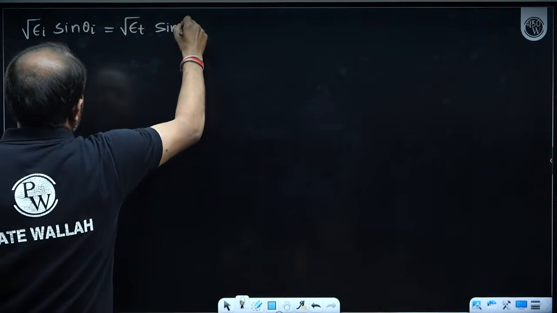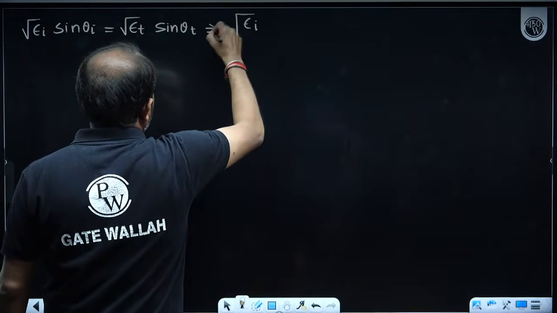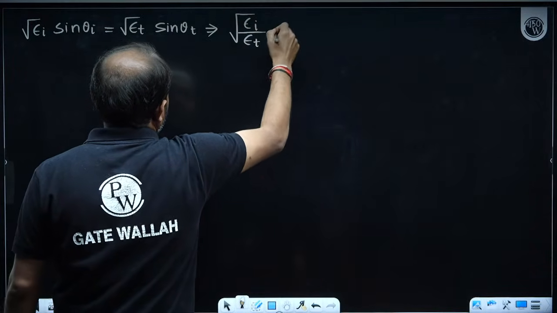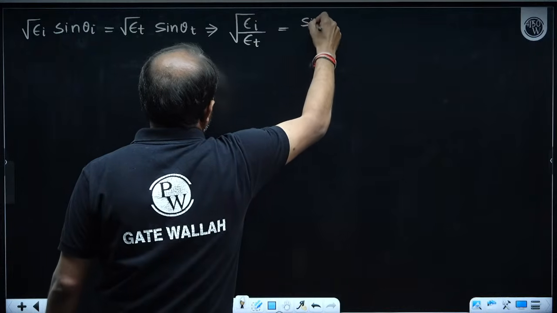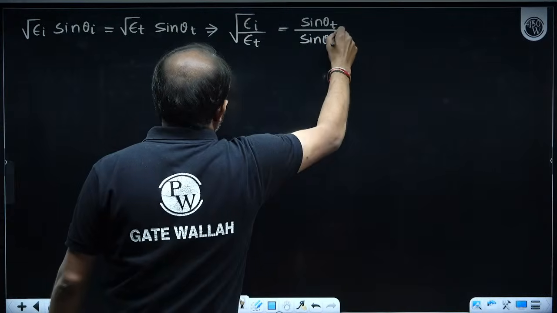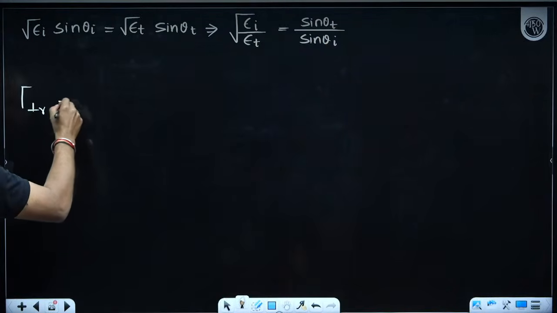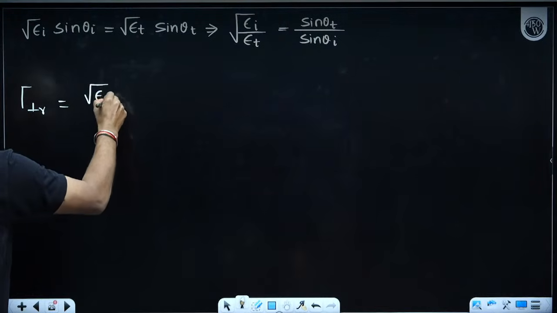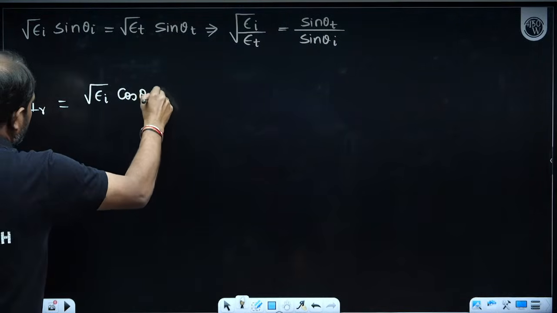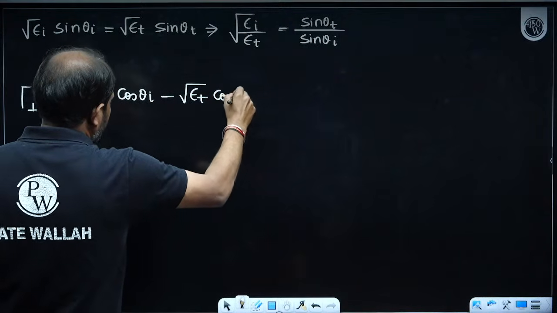Same formula. So under root epsilon I, epsilon t sin theta t on sin theta. Similarly, gamma perpendicular under root epsilon cos theta I and under root epsilon t cos theta t.